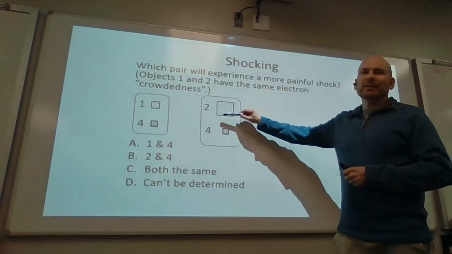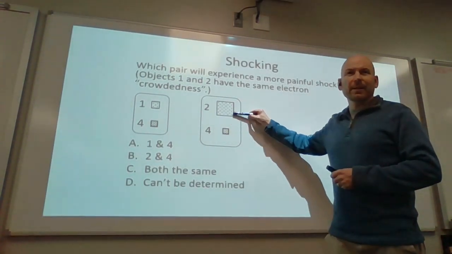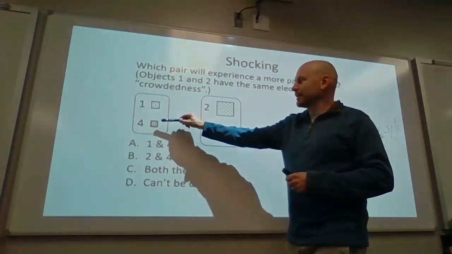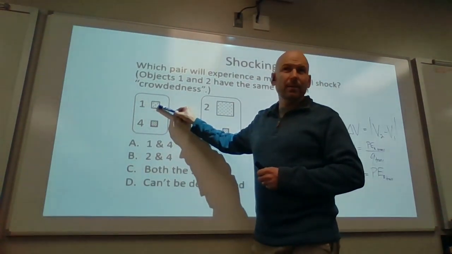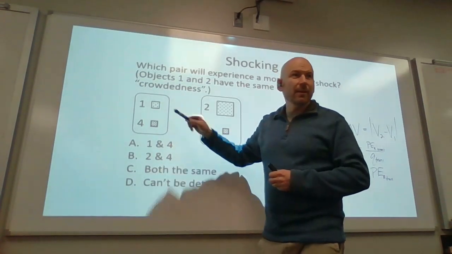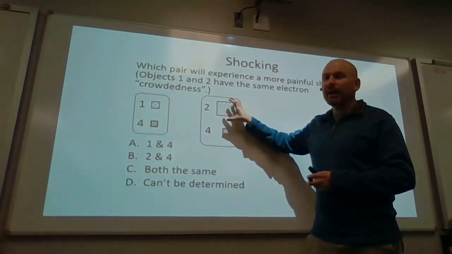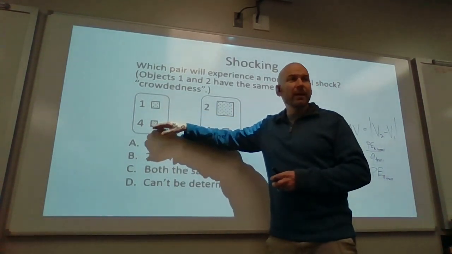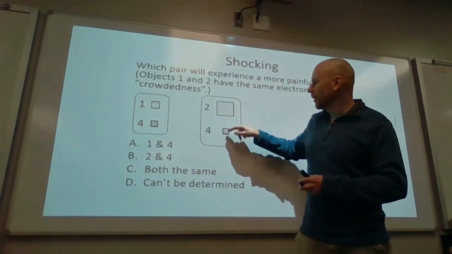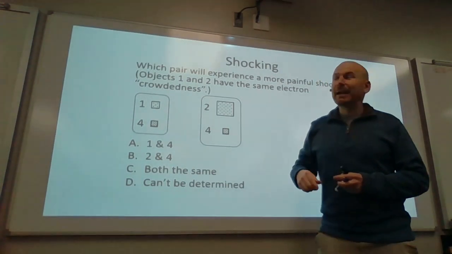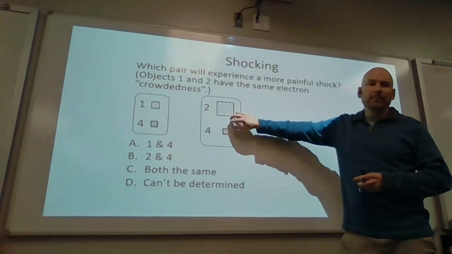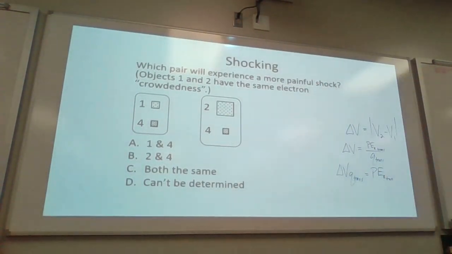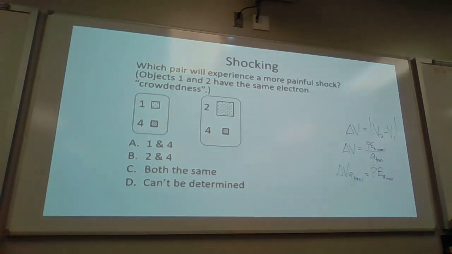There's more room to accept electrons in here simply because the area is bigger than there is in here. Does that make sense? There's more room overall to spread out in two than there is in one. They're equally motivated, but there's more of these that can jump over, meaning that this is going to be more powerful. You all right with that?